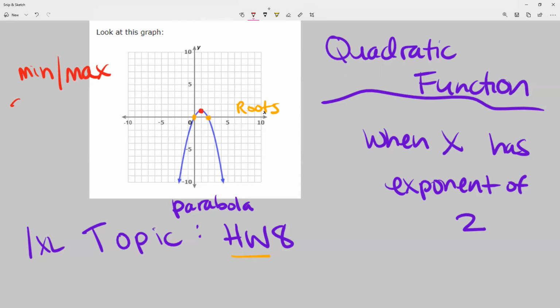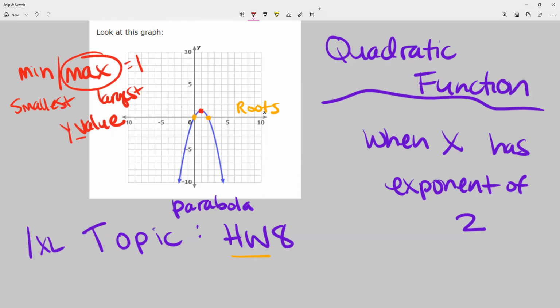So it's either the smallest or the largest y value. The maximum for this, because it's the tallest point, is 1. So it's always talking about where it is on the y-axis, the y value.